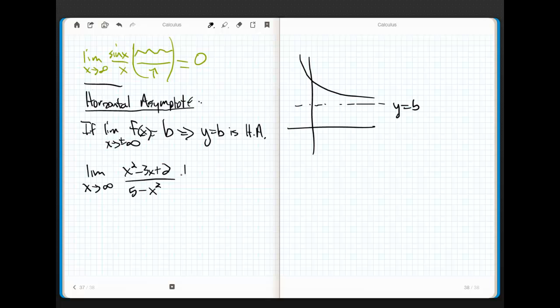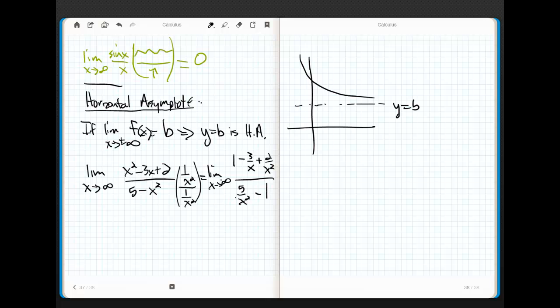Well, if I want to do this strictly algebraically, I'm going to multiply by this goofy looking 1. And you may say, Ripley, wait a sec, why are you doing that? If I take x goes to infinity, what's this going to turn into? I'll show you. I'm going to get 1 minus 3 over x, because that x squared and that x cancel, plus 2 over x squared, all over 5 over x squared minus 1.